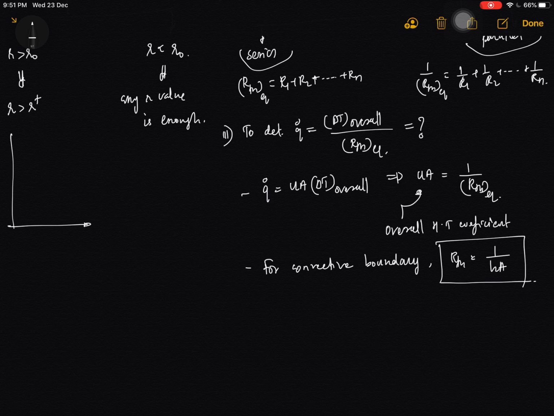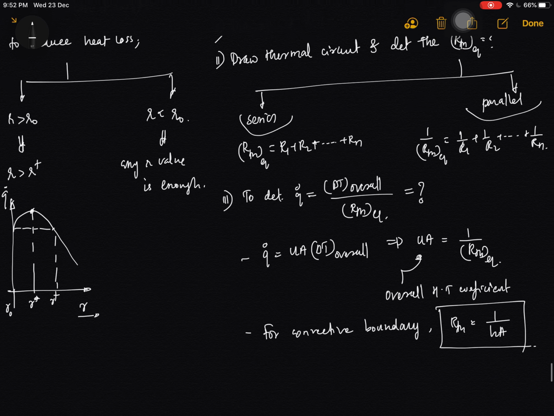In this particular case, we have the heat transfer graph like this, where this is Q dot and this is R, and this is R0, which is the radius of the pipe, and this is R star, which is the critical radius of insulation, and this is the radius determined by equating the heat transfer rate with insulation and without insulation, and we can determine this particular R plus value.